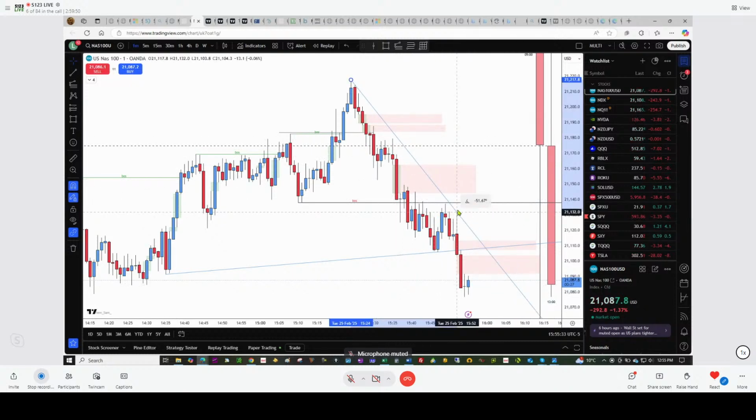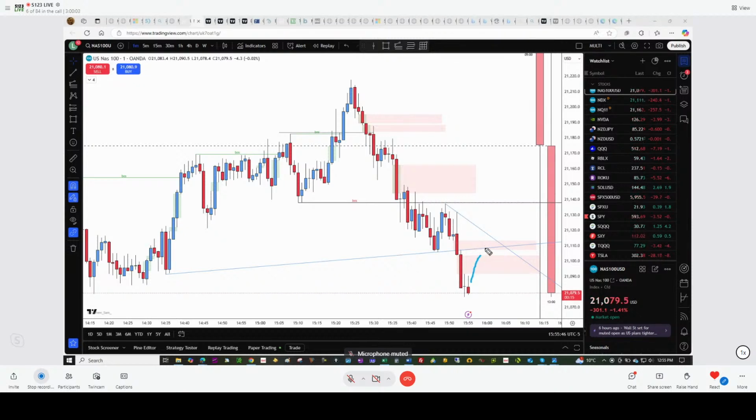I can move it a little tighter now to here. So any retrace at this point could still be a good sell, because again it's the same thing. We've closed below this, so we could look for a retrace to come back to keep going down.